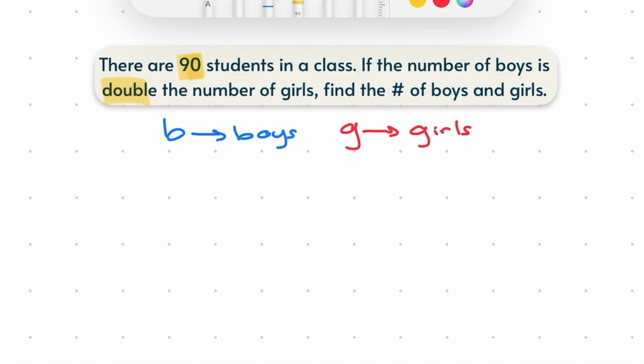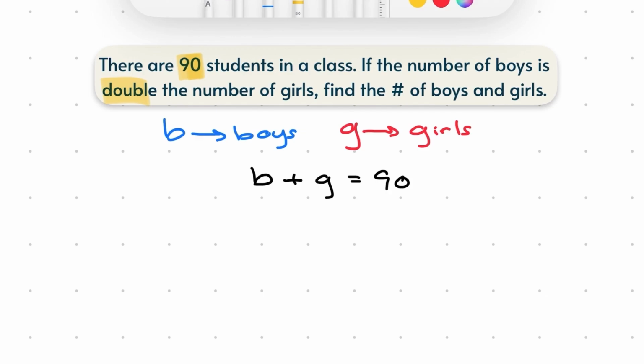We automatically know that B plus G must equal 90 because there are a total of 90 students in this class. But this equation does not help us solve for the exact number of boys or the exact number of girls. So how can we do that?